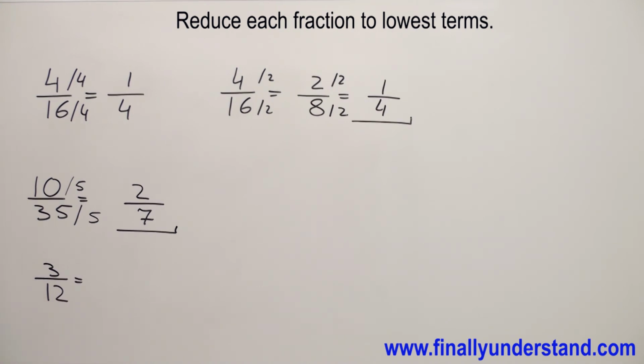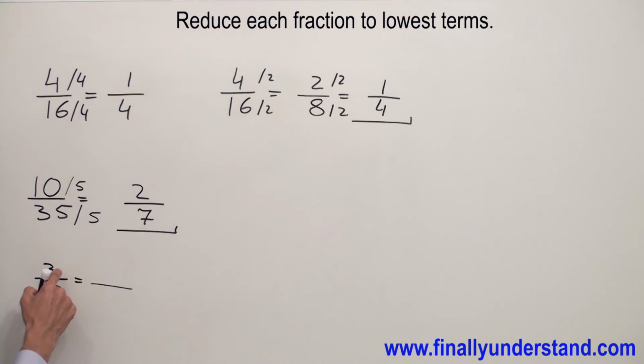Let's check another example. I have 3 over 12. You're supposed to remember that anytime you have a number and you add the digits in this number, let's say 1 plus 2 is 3, it means that this number is divisible by 3.